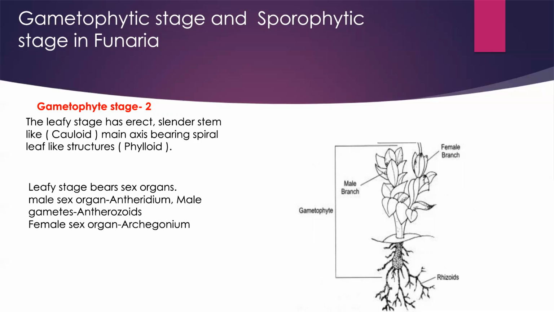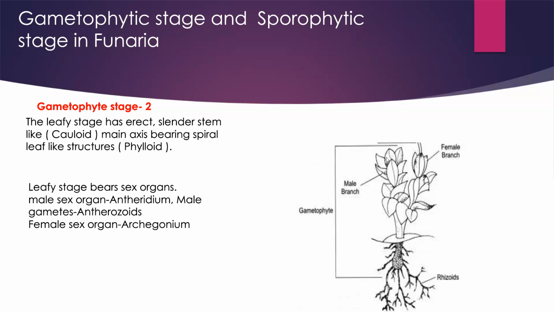Here, as I told you, the gametophyte produces gametes. You can see here the two branches. This branch is called the male branch. Actually, the male branch is the main branch, and at the tip of this male branch, a male reproductive organ develops, which is called the antheridium.